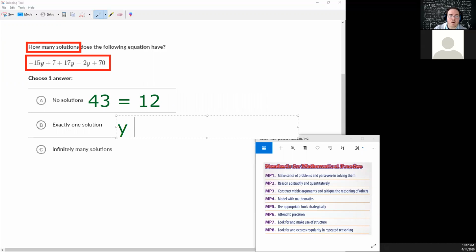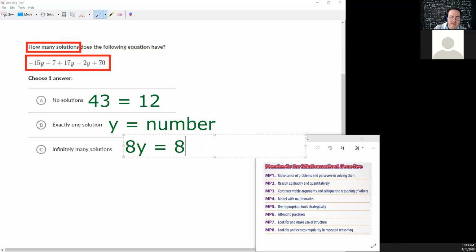In this case, y equals number. It doesn't matter what the number is, positive, negative, decimal, it does not matter. As long as you get one number or value, then that's one solution. And as far as infinite, you'll end up with something to the effect of like, I don't know, 8y equals 8y. Anytime the left side of the equation and the right side of the equation are just twins, that's when you have infinite number of solutions, because it doesn't matter what y is, they will always be the same value.